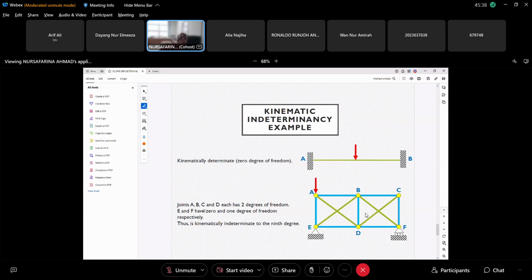E and F has 0 and 1 degree of freedom respectively. So E, dia ada 0 and then F dia adalah 1. Thus kinematic indeterminate to the 9 degree. So kalau campur tu dia jadi 9 degree.